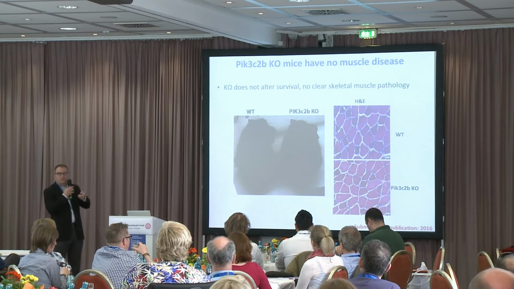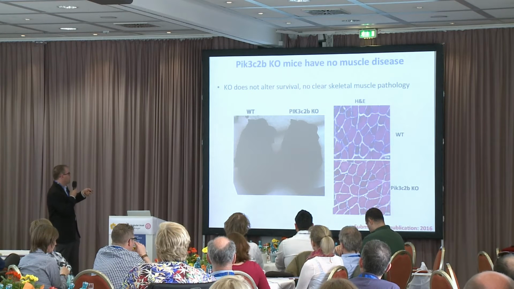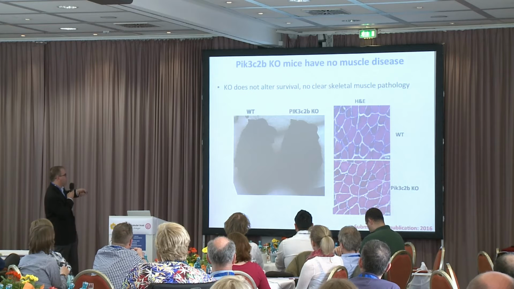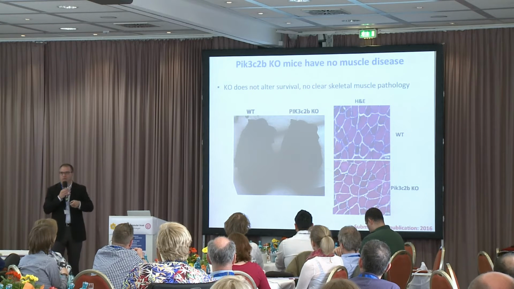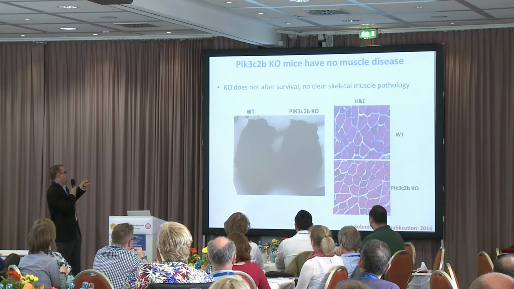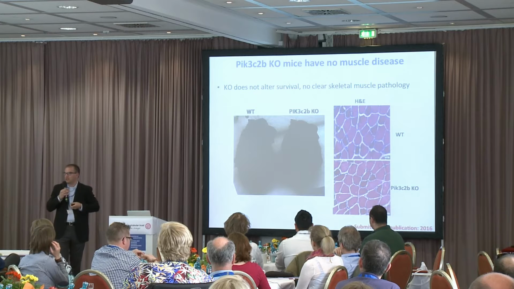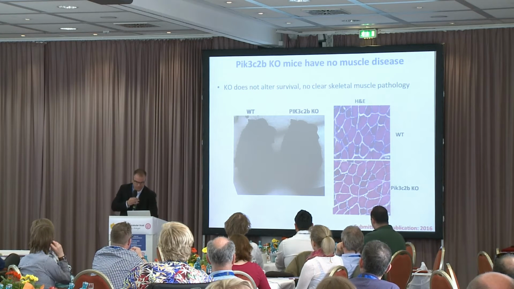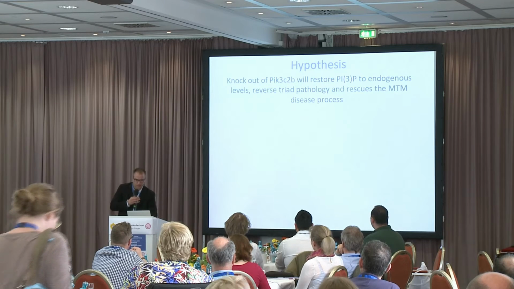We did it both just in muscle but also in the whole animal. This is very dark, but these mice look identical to normal mice, and their muscle is identical. So as far as we can tell, for reasons we don't quite understand, when we get rid of this enzyme, it doesn't have really any effect on the mouse, which actually is a good thing, and I'll point that out in the end.